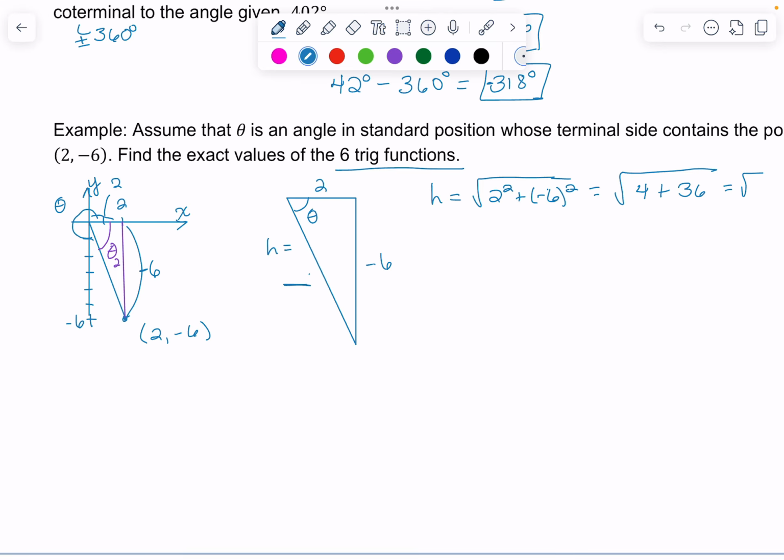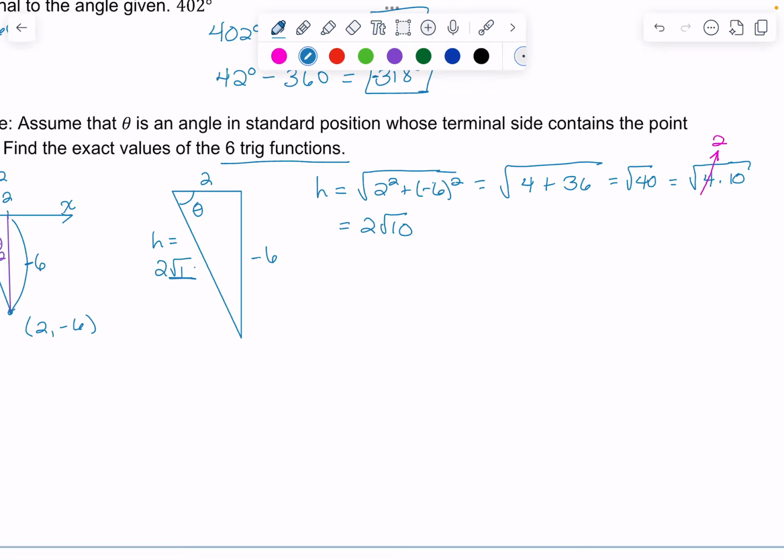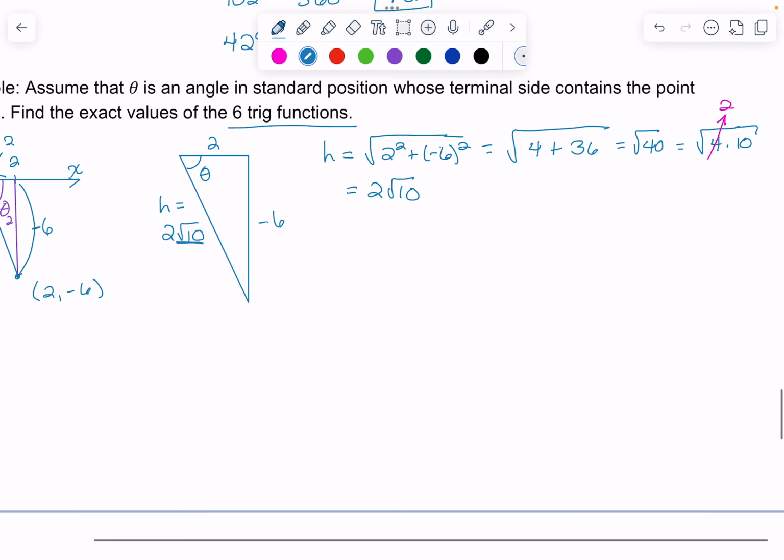And so I get the square root of 40. I could simplify that radical: 4 times 10, and then I can get this 4 outside of the square root. So I'm going to get 2 square root of 10. Okay, so 2 square root of 10 is what my hypotenuse is.